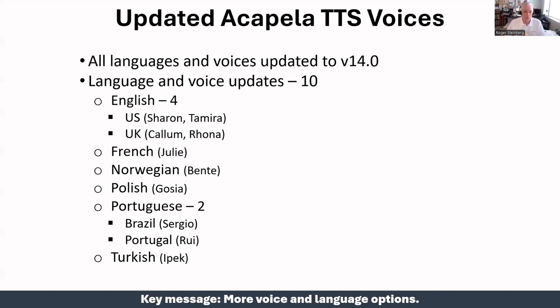Four in English, with Sharon and Tamira being US English, Callum and Rona for UK. We've added a new French voice, Julie, a Norwegian, Bente, Polish, Goisha, and then two Portuguese, one Brazil, Sergio, and one Portuguese, Rui, and then Turkish, IPEC. The other optimization to those is to take up less resources when they're running on your system. So those were all added with this release as well.